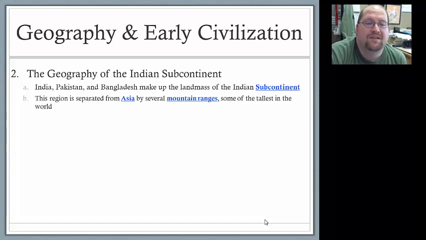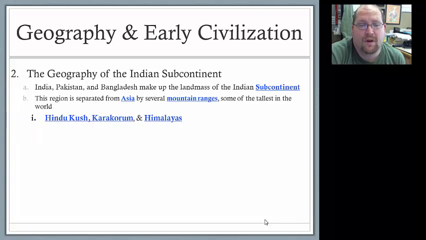The region is separated from the rest of Asia by several mountain ranges, some of the tallest mountain ranges in the world as it happens. These mountain ranges consist of the Hindu Kush, the Karakoram, and the Himalayas. Some of these you might have heard before.